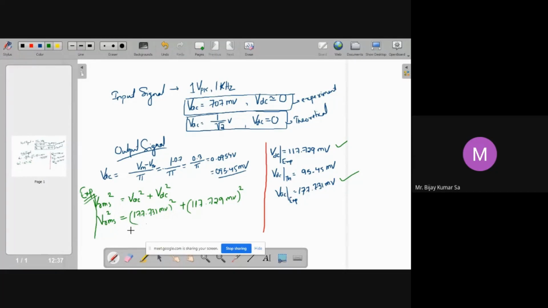Tell me how much VRMS is. Calculate it. What is the experimental value of VRMS?